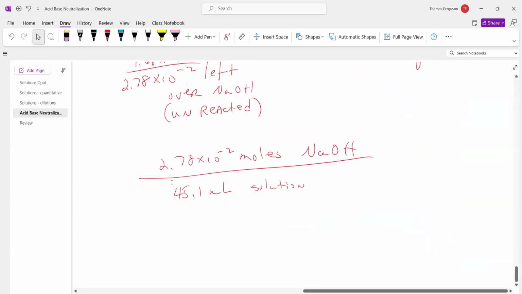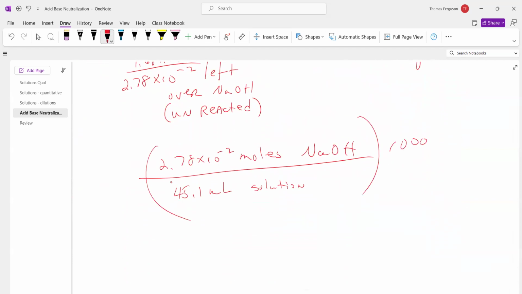And we need to convert the milliliters to liters. So it's going to be that.